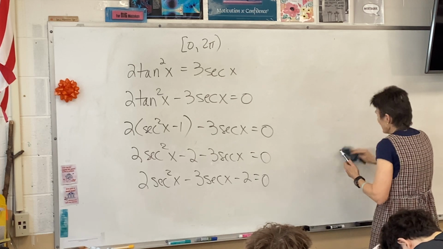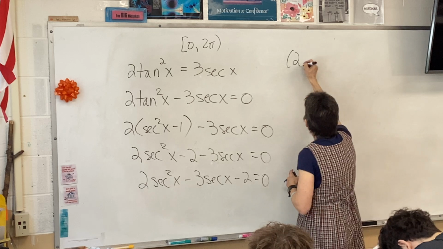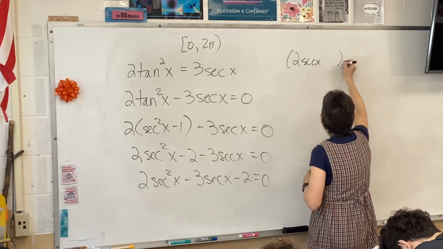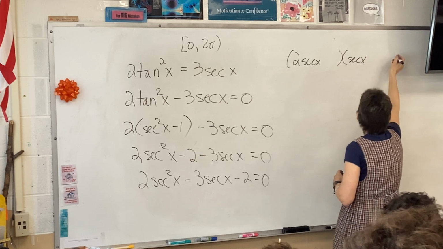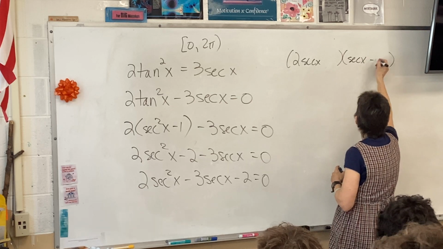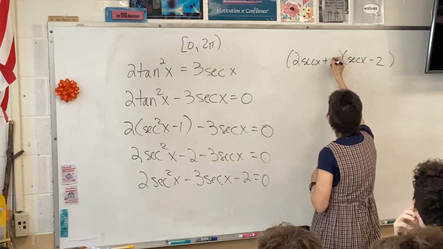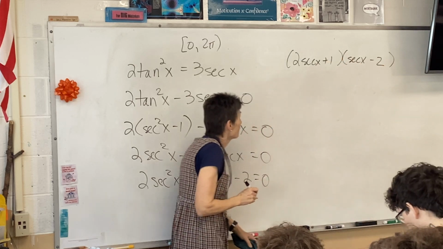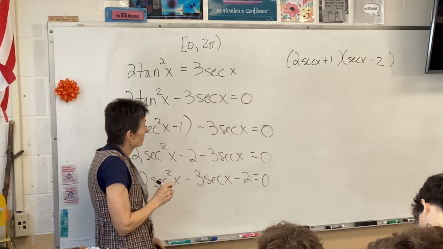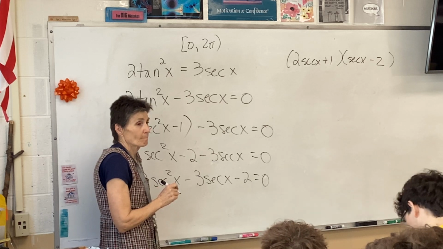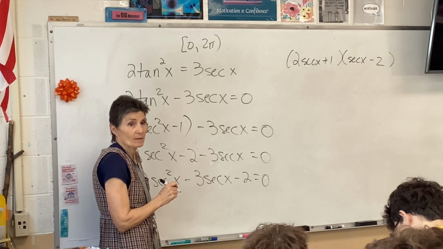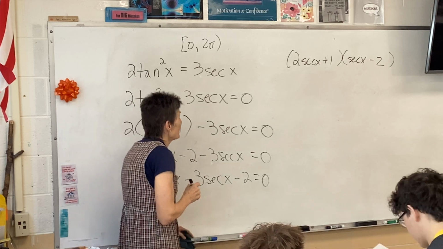How does it factor? 2 and 1 and 2 secant and secant. All right, it is gonna have to be minus 2 plus 1, is that right? Is that okay?